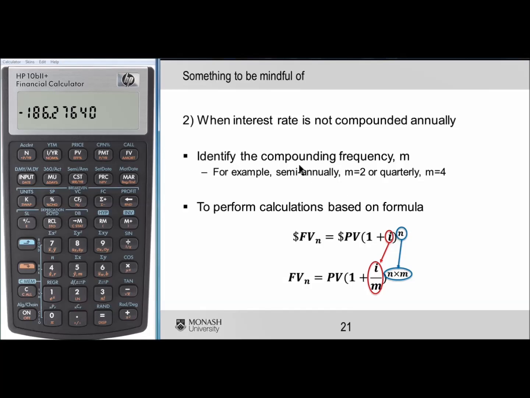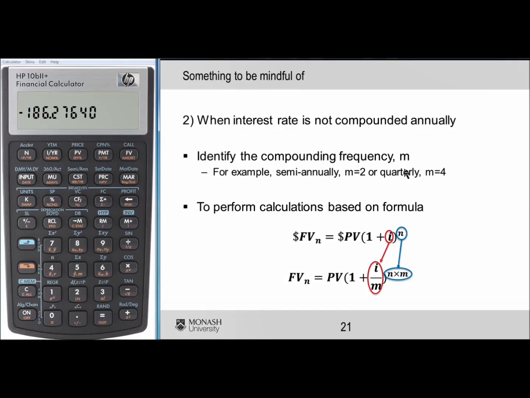Firstly, identify the compounding frequency M. For example, if it is a semi-annual compounding, M equals 2 because we have 2 semi-annuals in a year. If it is a quarterly compounding, M equals 4 because we have 4 quarters in a year, and so forth.